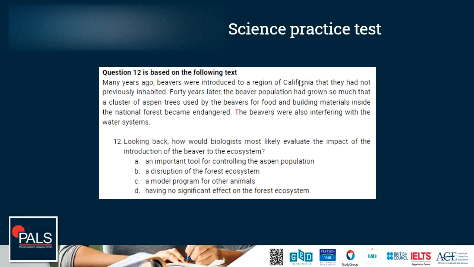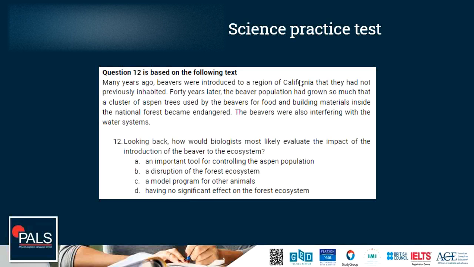So in this case, they are a so-called invasive species. It's a species that does not really belong into that environment, into that ecosystem. And although it might be nice to have beavers around, in this case, it does more harm than good.